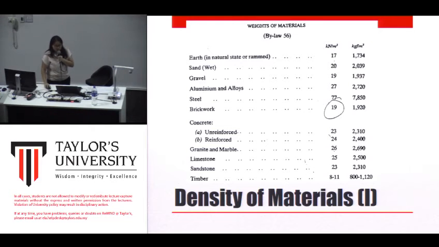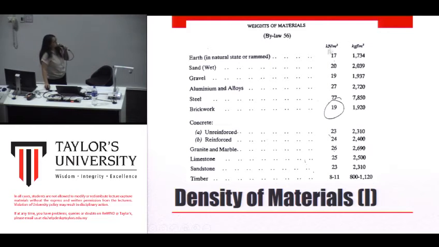All right, so they give you, let's say, concrete. What is the density of concrete? Concrete is categorized into two different types, unreinforced and reinforced. Unreinforced is 23 kilonewton per meter cube. Look at the density. Look at the unit weight. Look at the unit.